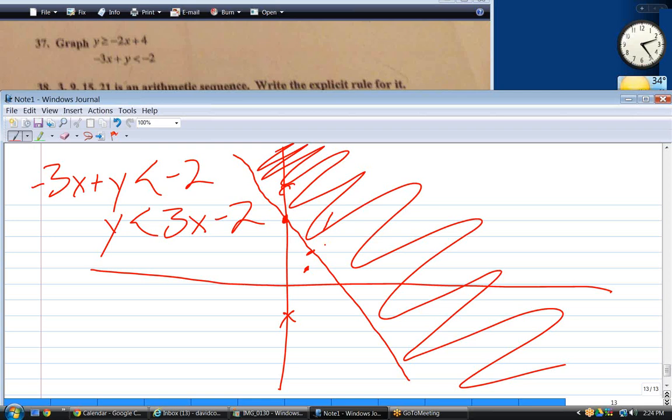Is this a dotted line or a solid line? It would be a dotted. Which area of the graph do I need to shade? Below. Below the dotted line. Right?